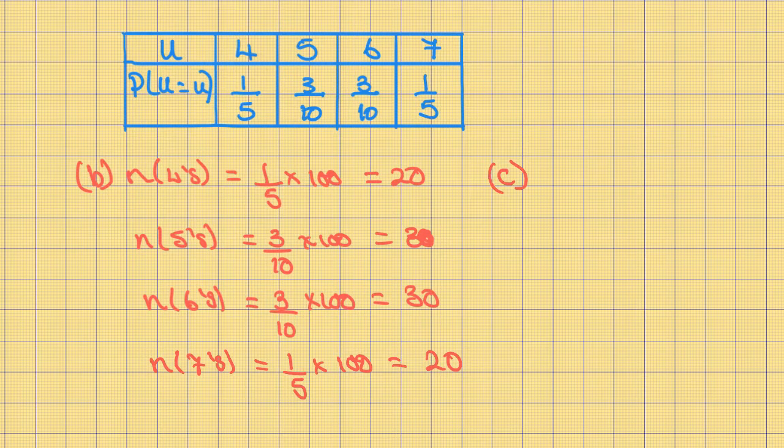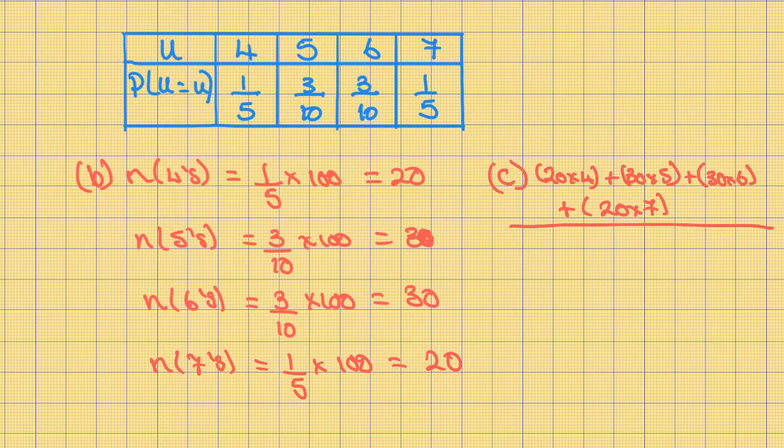C. Find the mean value of U for the 100 trials. That would be equal to 20 times 4 plus 30 times 5 plus 30 times 6 plus 20 times 7, all divided by 100, which equals 550 divided by 100, which equals 5.5.